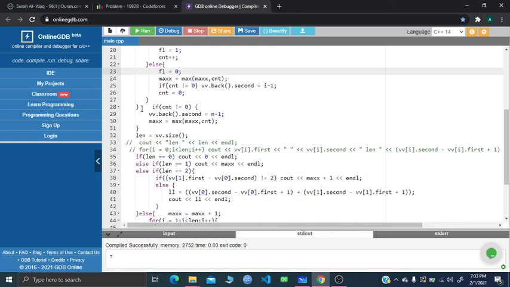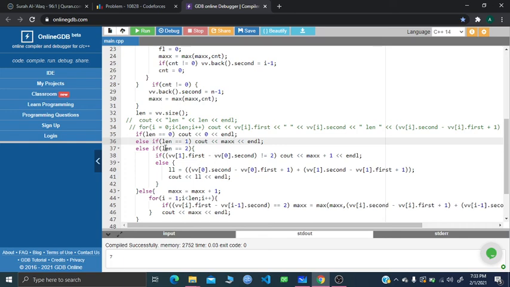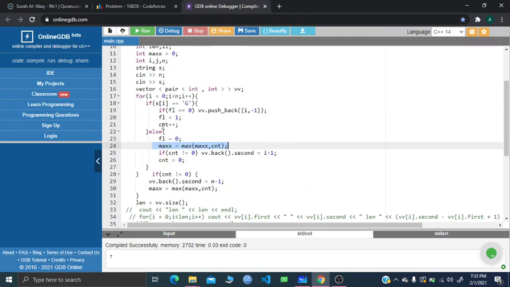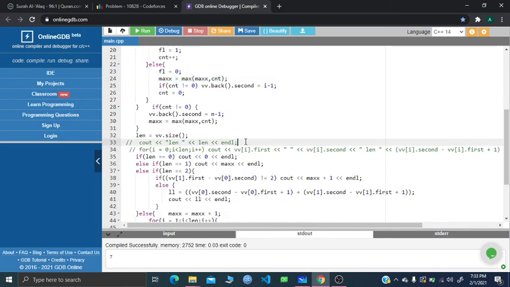Then after that, if length is equal to 0, then the answer is 0. If length is equal to 1, then the answer is already max, because we have found that this max is our answer, since we tried to find the maximum consecutive golden characters.